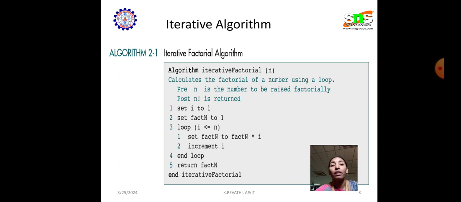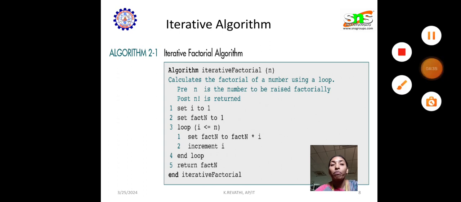Here is the iterative factorial algorithm. The iterative factorial algorithm calculates the factorial of the given number using a loop. The first step is to set i equal to 1, then set factorial to n. It will enter into the loop.